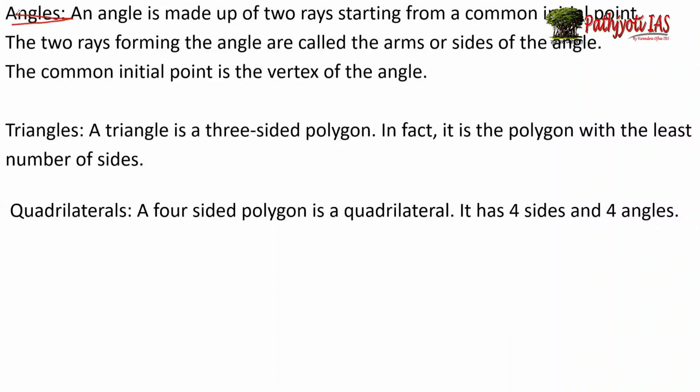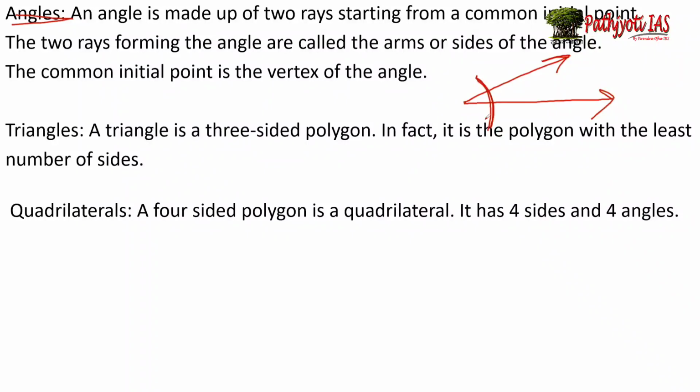Angles, as you know, are made up of two rays. A ray has a starting point and moves towards an endless direction. Similarly, two rays will form an angle.